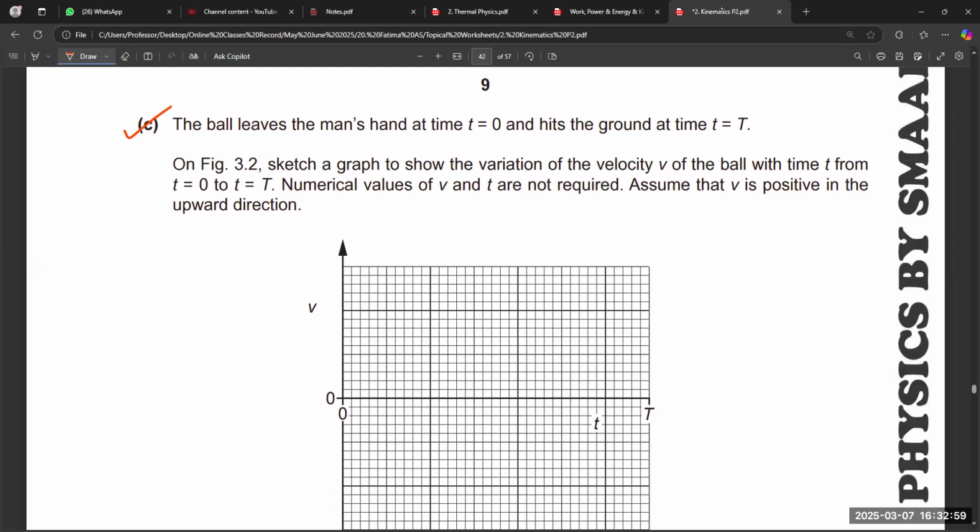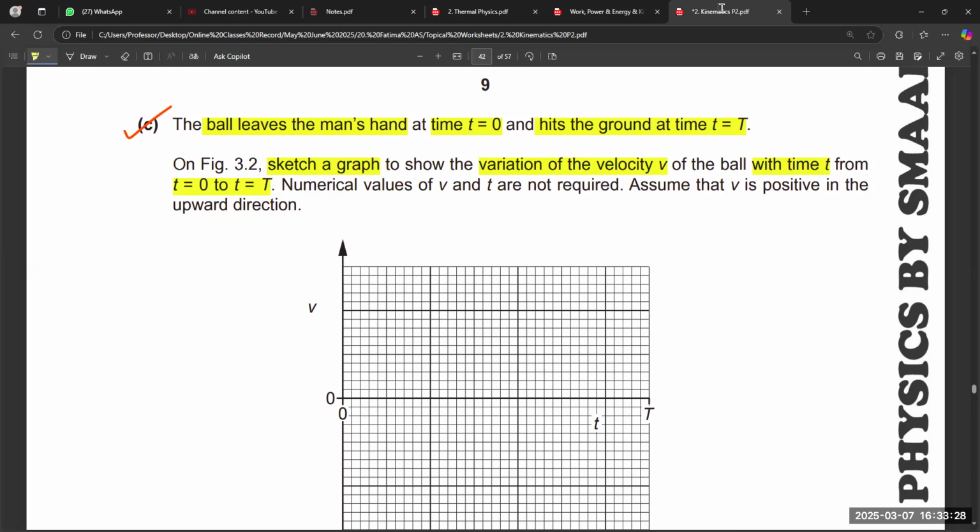C part is about graphical representation. The ball leaves the man's hand at time t equals 0 and hits the ground at time t equals capital T. On figure 3.2, sketch a graph to show the variation of the velocity of the ball with time t from the time 0 to the total time.